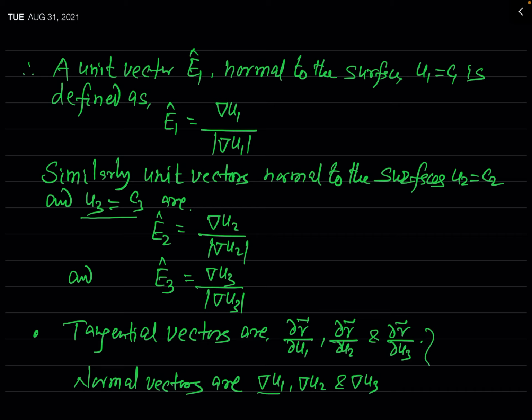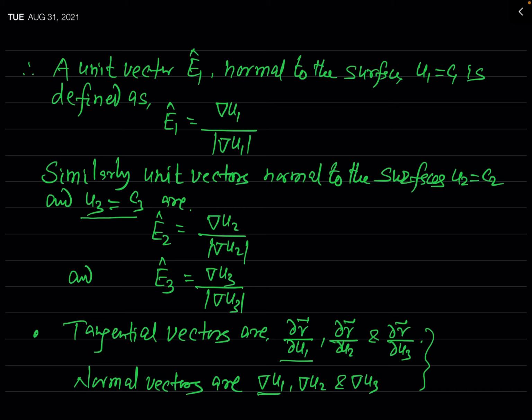Actually, these two sets of vectors constitute a reciprocal system of vectors. When you say that these two sets of vectors constitute a reciprocal system, what does it mean? It means whenever you take the scalar product of the tangential vector del r by del u1 with the normal vector del u1, your result will be equal to 1.